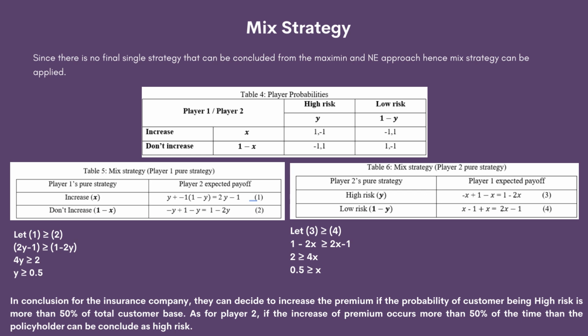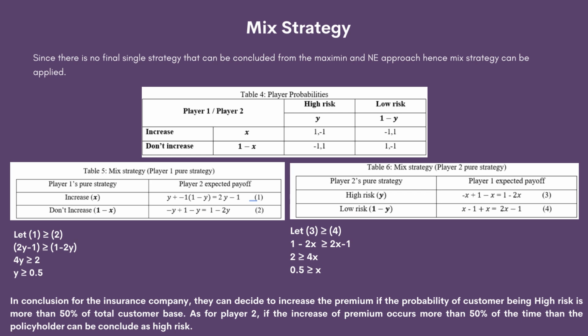So in conclusion, the insurance company can decide to increase the premium if the probability of the customer being high risk, y, is more than 50%, meaning they keep seeing high risk customers in the evaluations every month.